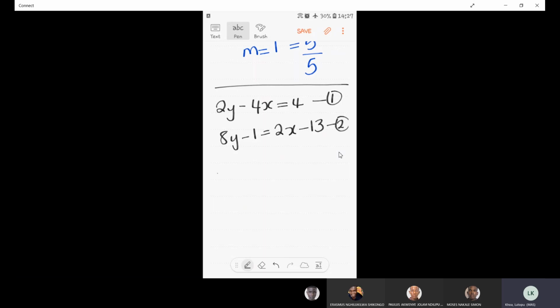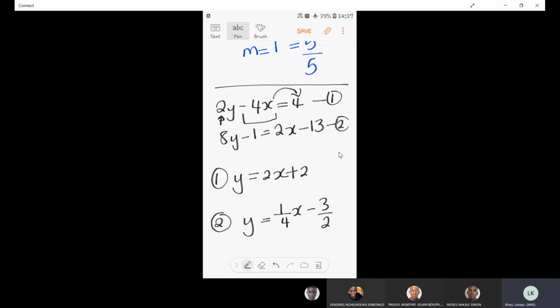The first one, when I write it in standard form, I will have y is equal to 2x plus 2. So this negative 4x, take it to the other side, and then you divide by the 2 throughout. This is what you get. Then equation number 2, you will have y is equal to 1 over 4 x minus 3 over 2.